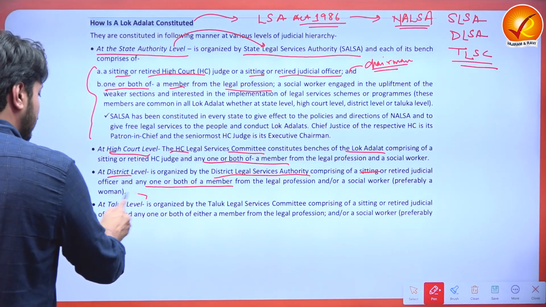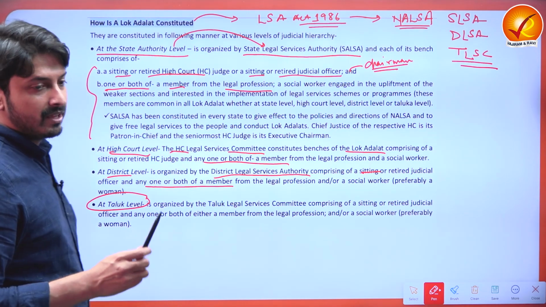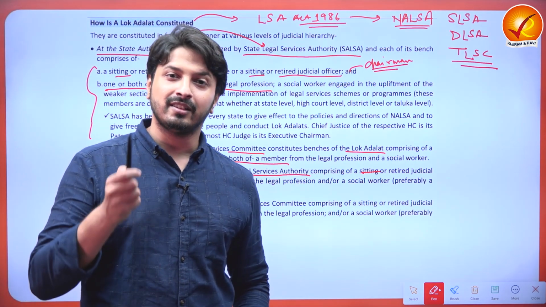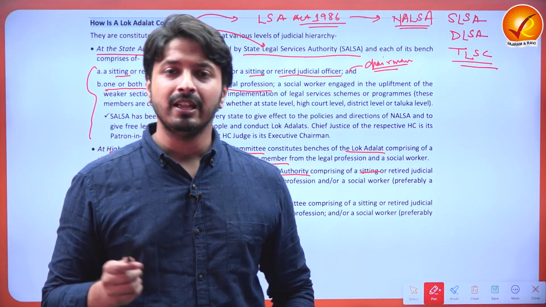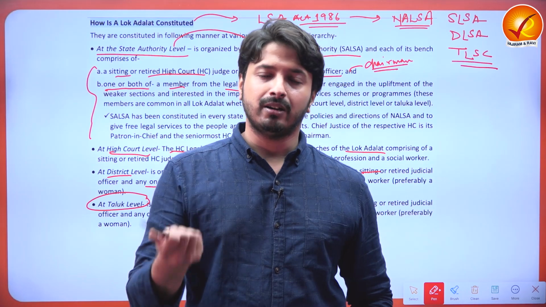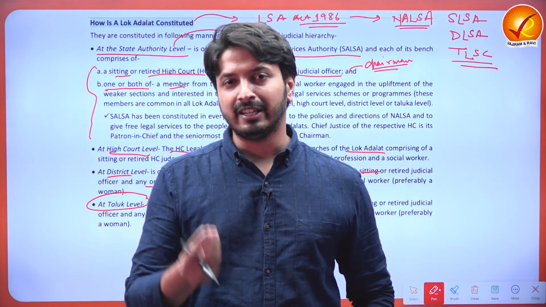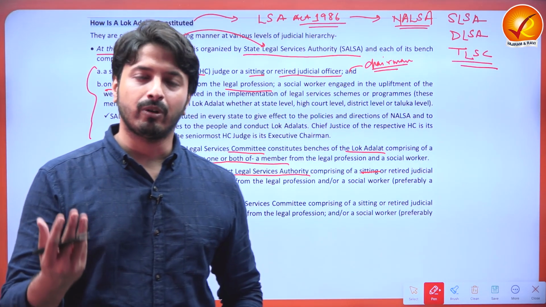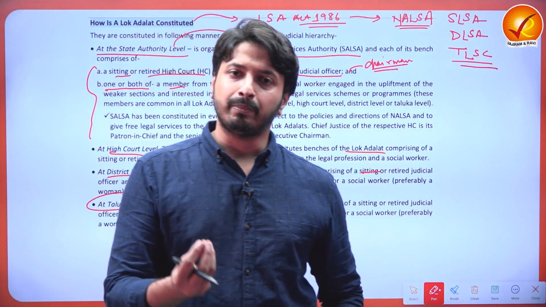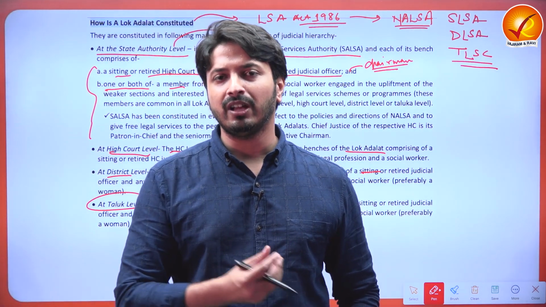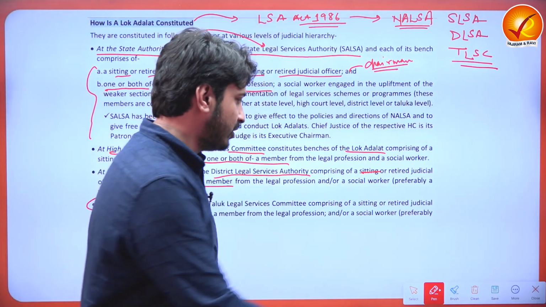And at the taluk level, the symmetry is the same. The Taluk Level Legal Services Committee will be the organizing committee. Again, the chairman will be a retired or a sitting judicial officer, joined with two other members, one from the legal community and one from the social working community.